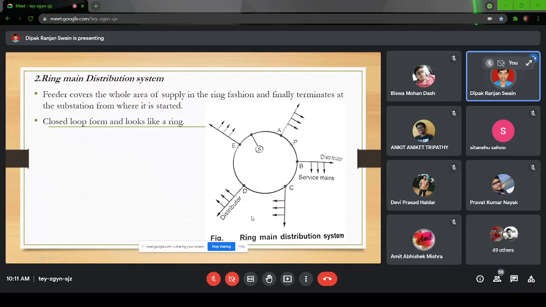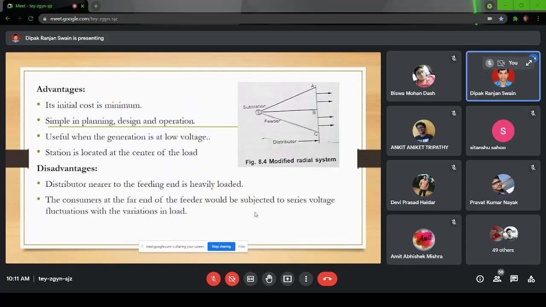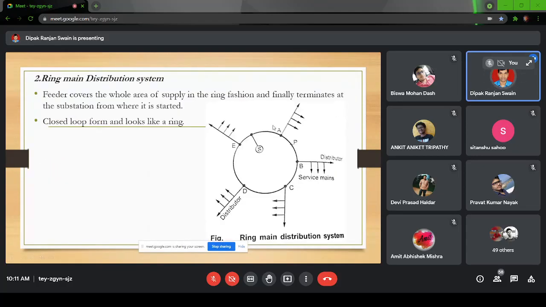In the radial system, that is not so, as I have told. If there is maintenance or failure on this side, all the rest of the line ahead of that will be subjected to supply failure. But here the advantage is, if there is a failure, let us say at point P, the B point may not be getting power from this one if it is a radial one. But in a ring one, you can have the supply somehow.